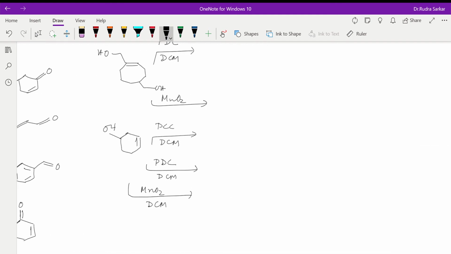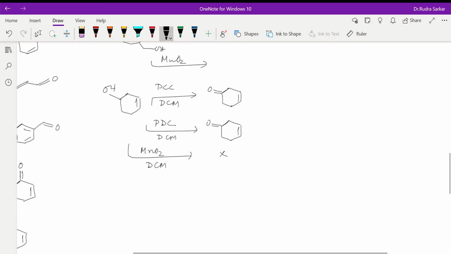So here a ketone will be formed. Similar product will be given by PDC, but this alcohol is not an allylic alcohol, so for MnO2 there is no reaction. Okay.